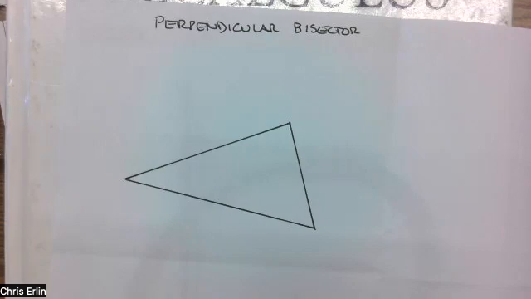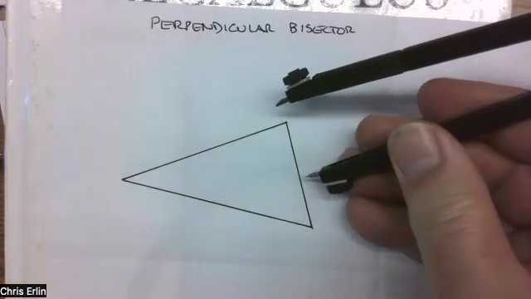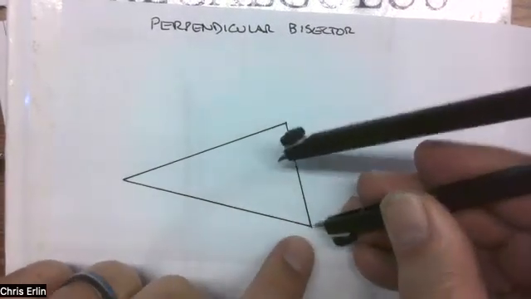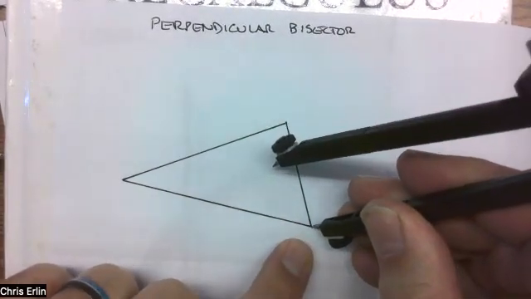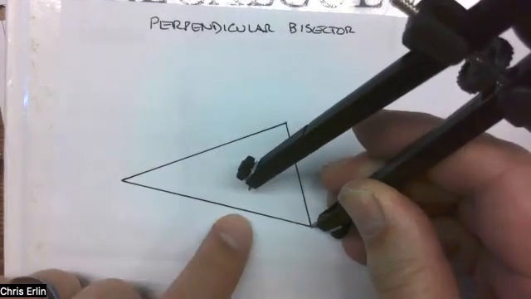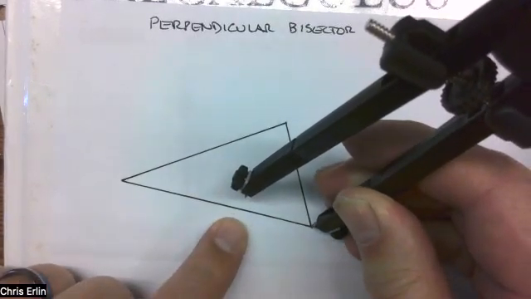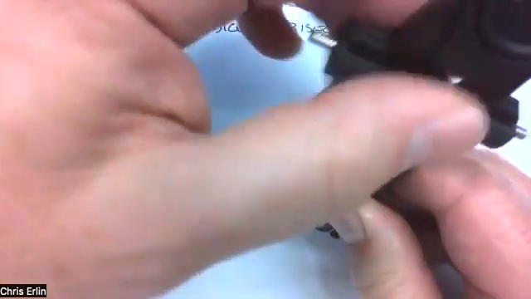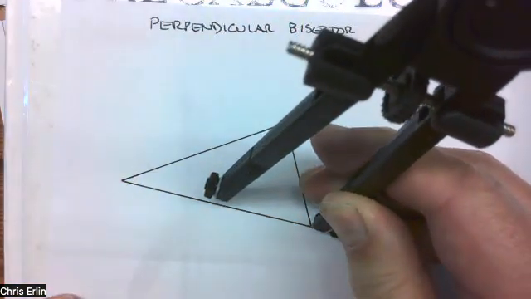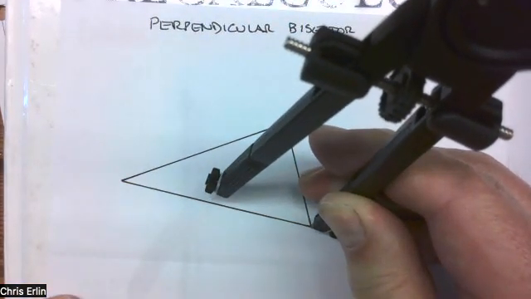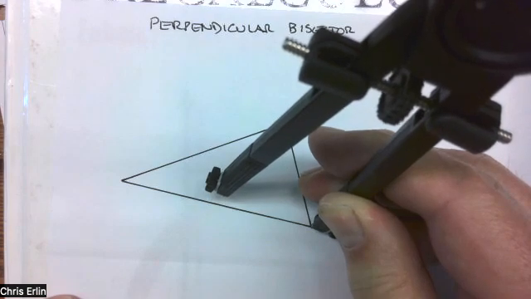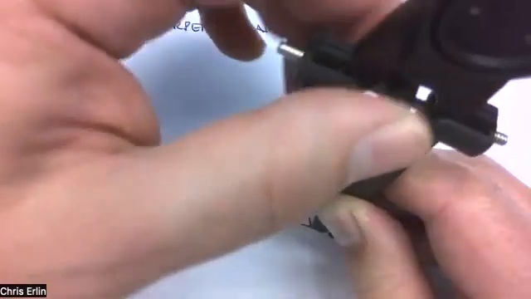We've done perpendicular bisectors before. Do you remember the process? I'm going to take my compass. I'm going to put the needle on one of my vertices, bottom right. And how open should I make my compass? About there? More than half.